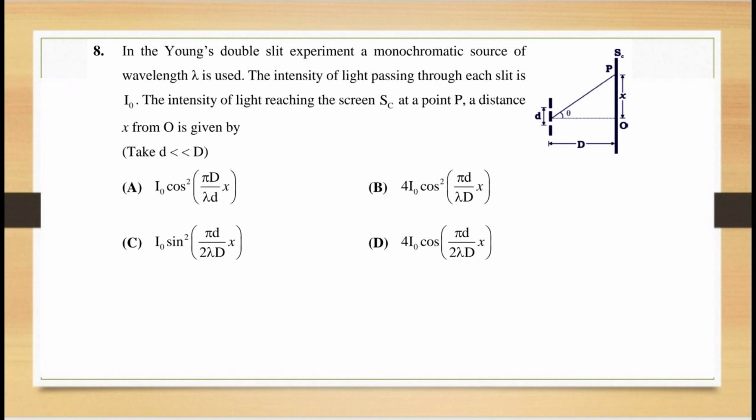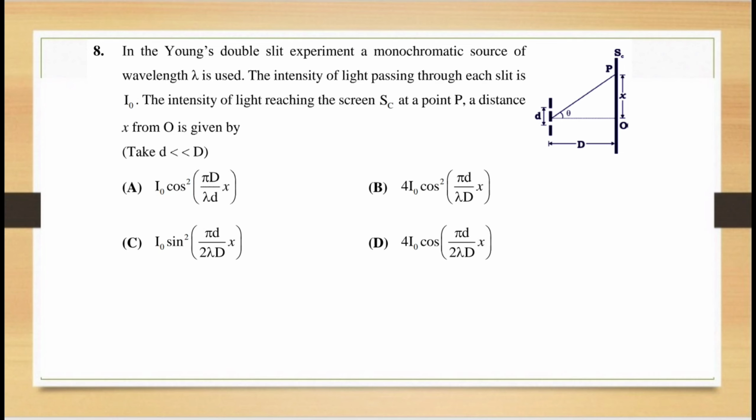Eighth question is, in the Young's double slit experiment, a monochromatic source of wavelength lambda is used. The intensity of light passing through each slit is I0. The intensity of light reaching the screen at a point P, a distance x from O is given by.